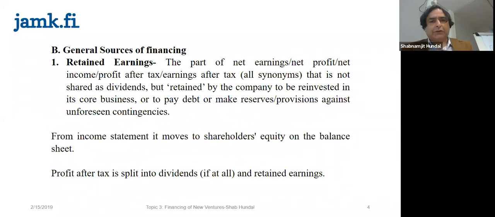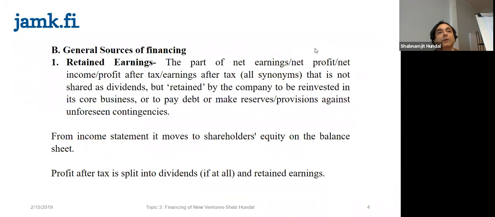We come to the sources of financing, and as and when required, we can deviate from our discussion and bring some other related aspects as well. The first source of funding which I would like to share with you is called retained earnings. The retained earnings are also called undistributed profits.